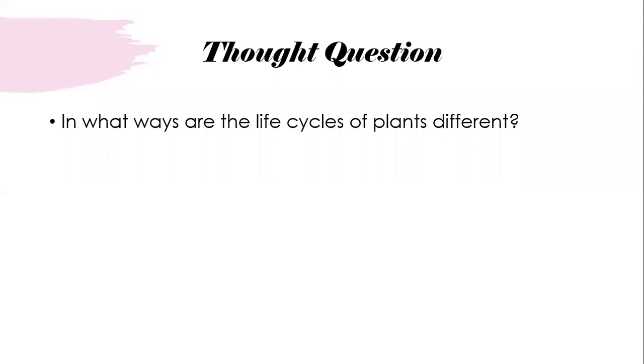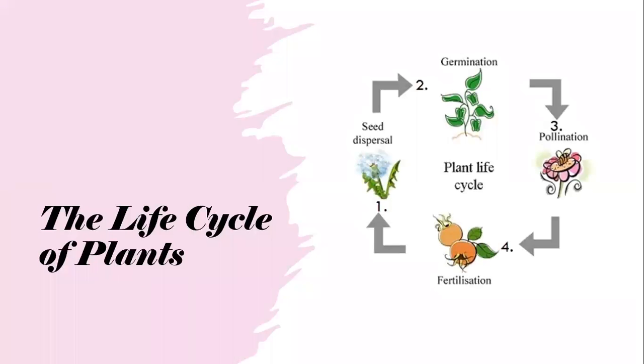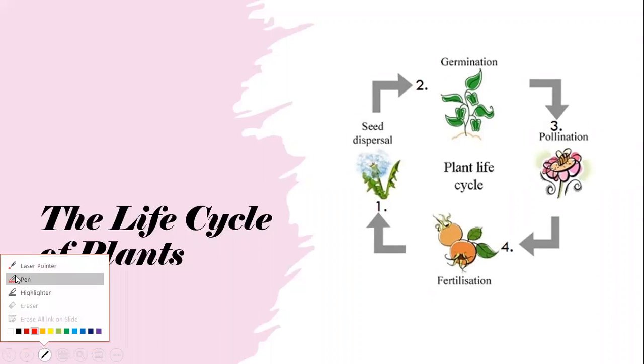Here is the thought question for you to think about while you're watching these slides: in what ways are the life cycles of plants different? Okay, here is a picture of the life cycle of plants.